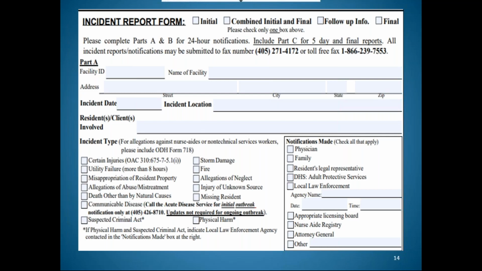An example of that is our little resident that goes to the hospital with the arm pain. She has a fracture. They put her in a splint. She comes back. She's going to see the orthopedic surgeon. You can actually combine that into an initial and a final. Just make sure that you have all of the pieces on the form that you need.